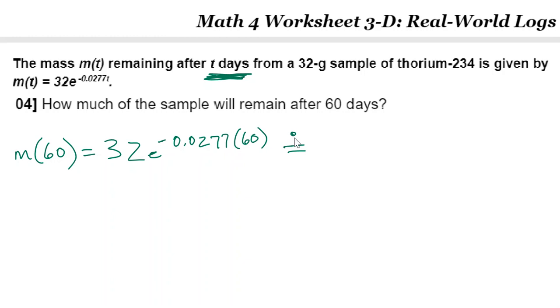So I'm going to say e raised to the negative 0.0277 times 60, close the parenthesis. I get 0.18975. Oh, and then I got to multiply it by 32 up front. That gives me 6.07. It's about 6 grams.